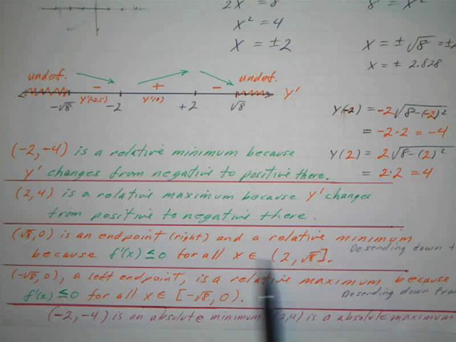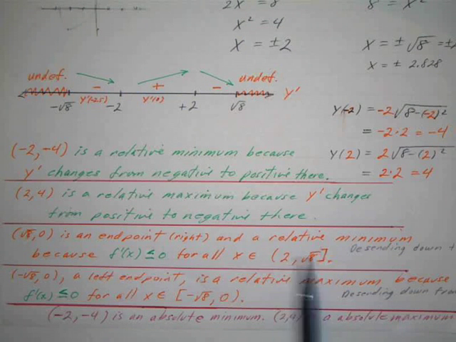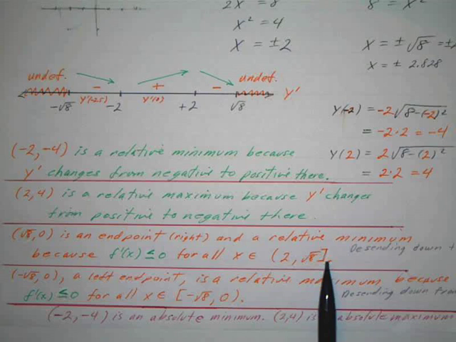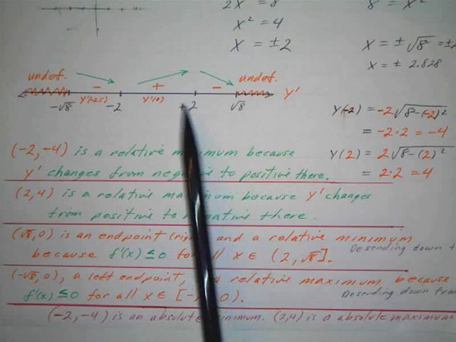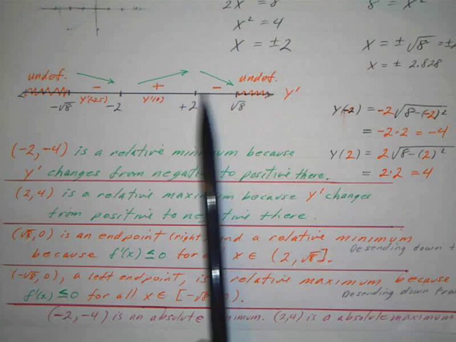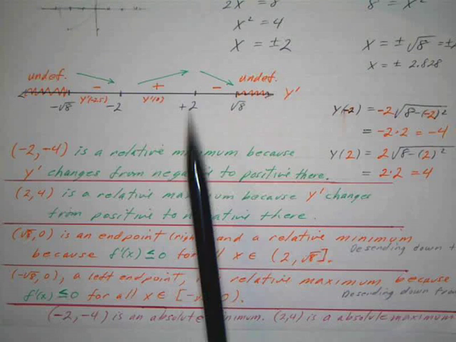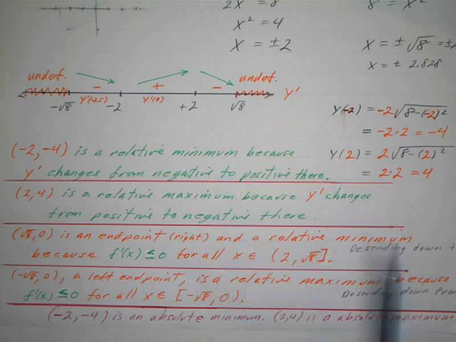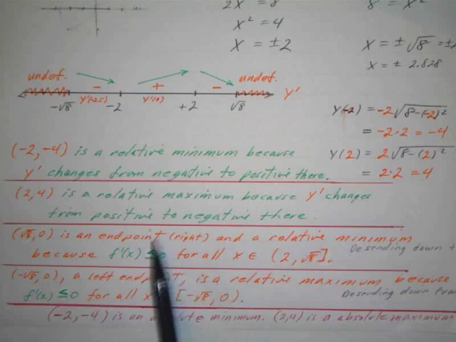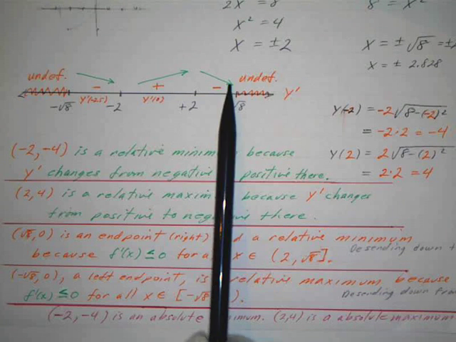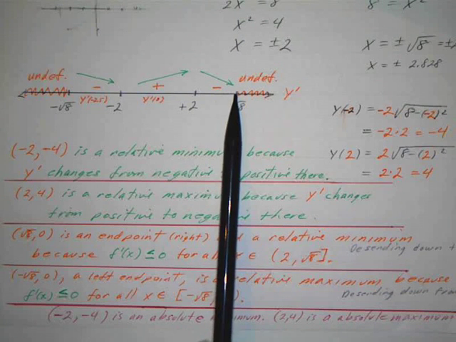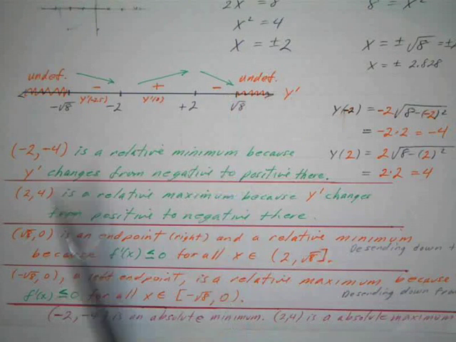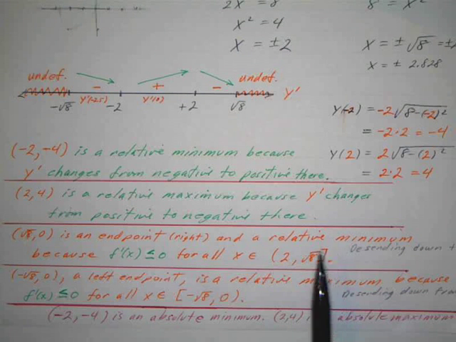It's negative for all x in this half-open interval up to the square root of 8. So in this interval here, the derivative is negative. Since this is a right endpoint, it's going to be a relative minimum. Why? Because the function, since the derivative is negative, is descending down to it. So it's going down to it. So that means it's going to be the low part of the descent, since it's the right endpoint.